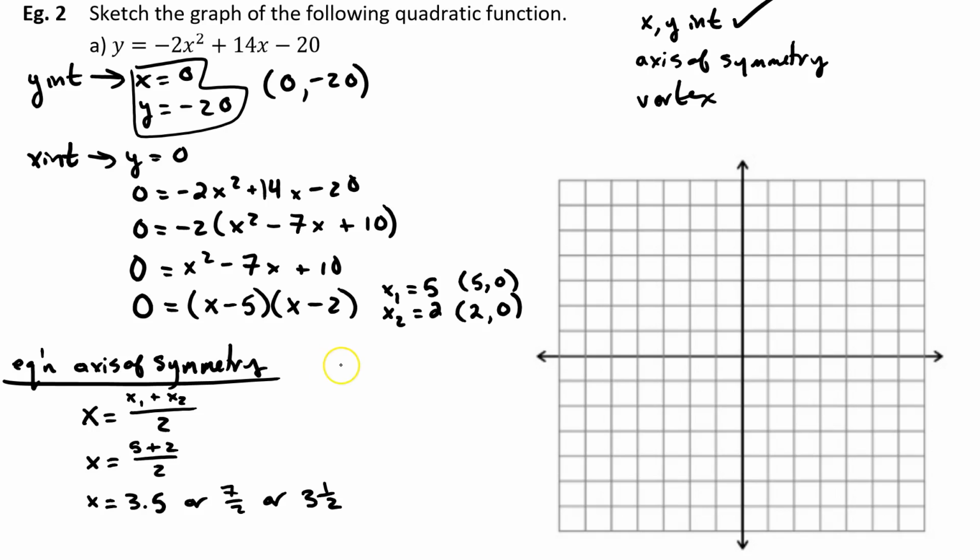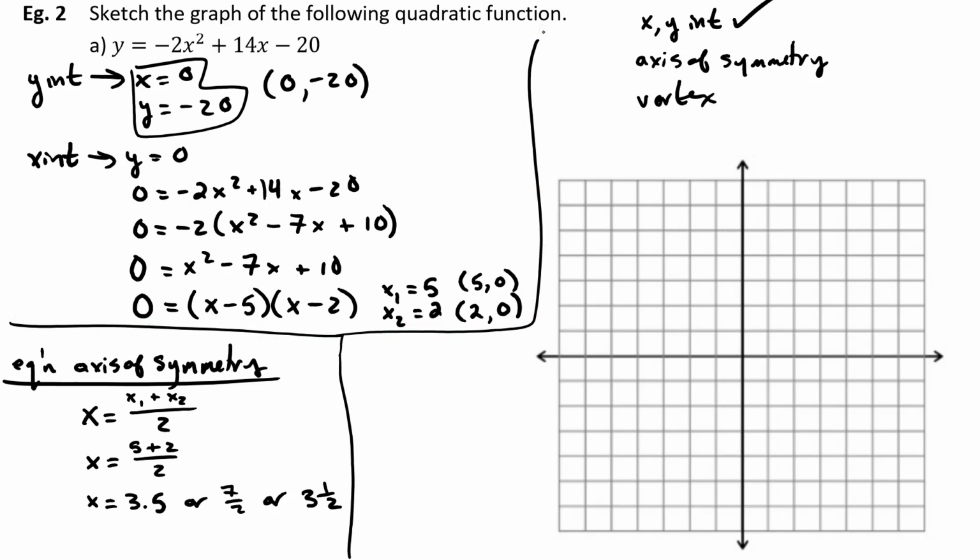And now I'm going to get a little bit squishy here, but that's okay. I'm just going to section it off. I'm going to say my vertex. I know that my x is at 3.5, but I'm going to substitute my 3.5 in for my x to solve for my y. That's the glorious thing about equations.